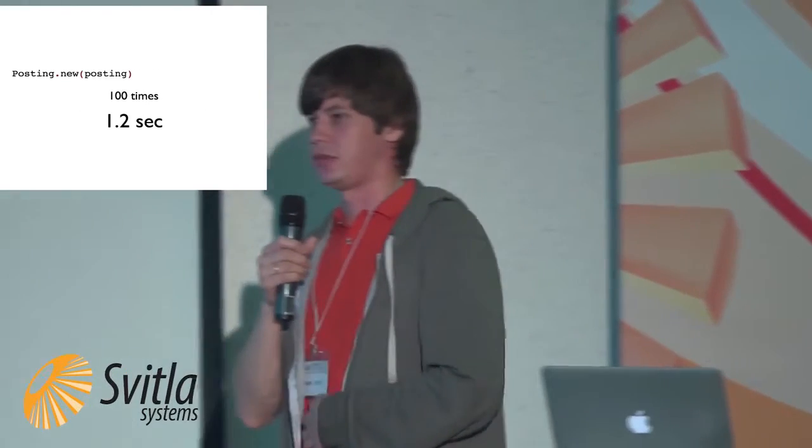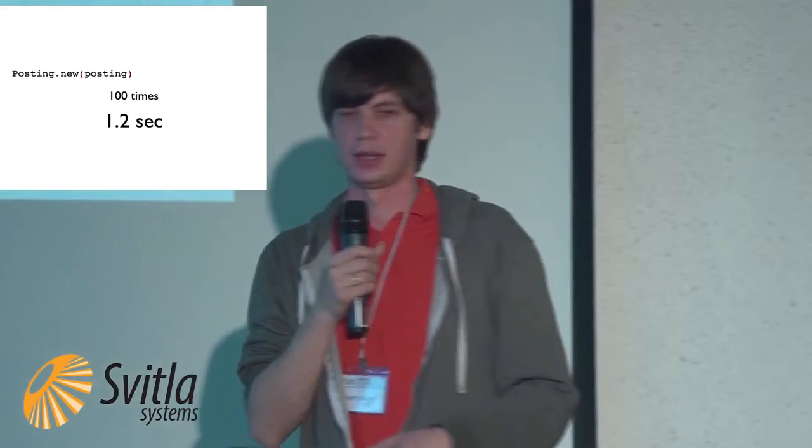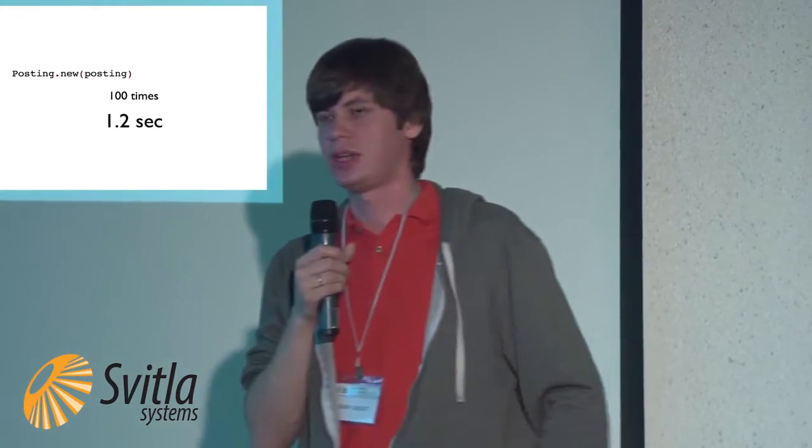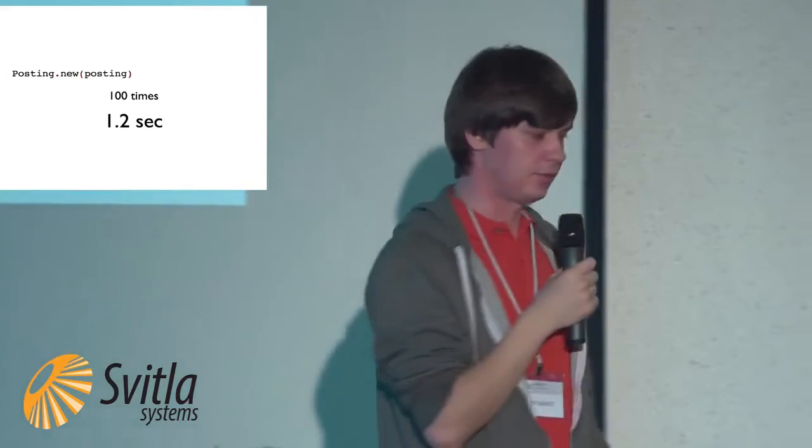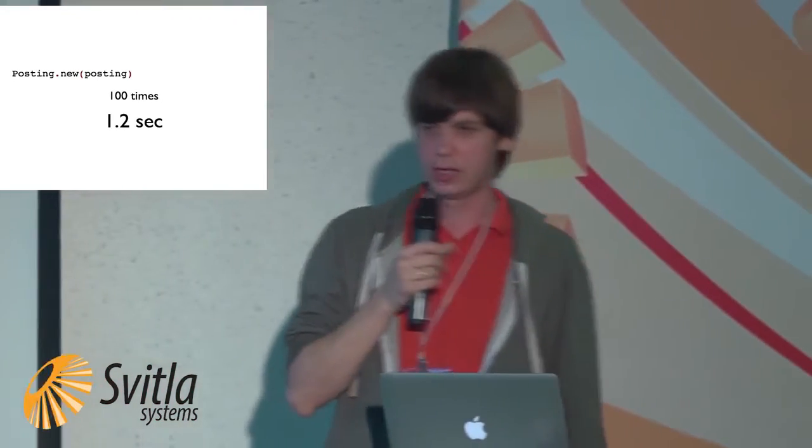What's the problem with Active Record or any ORM? Any ORM is creating, first, if you call Posting.new, right, it spends time for instantiating, for creating the objects. And any parameter that you pass into the initializer takes, in different ORMs, sometimes very long time just to put these parameters into correct fields and to count all these callbacks and so on.